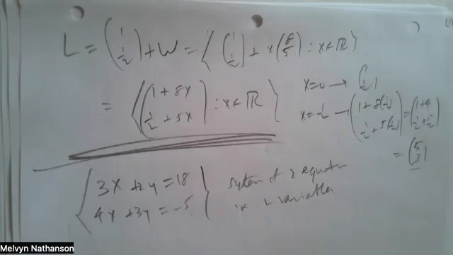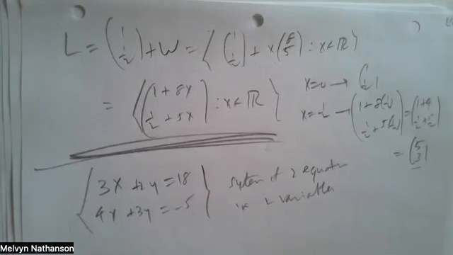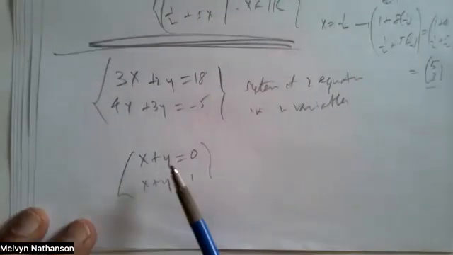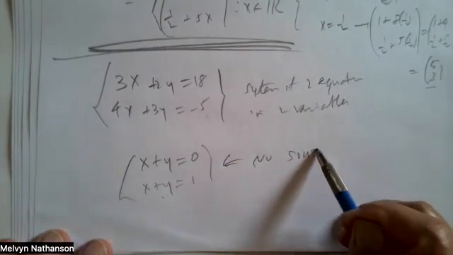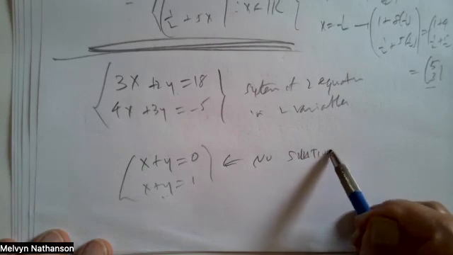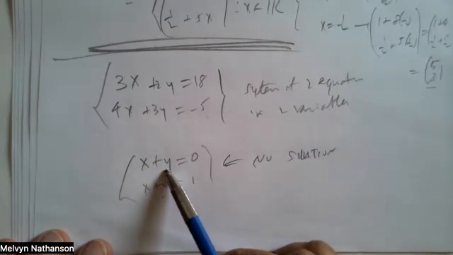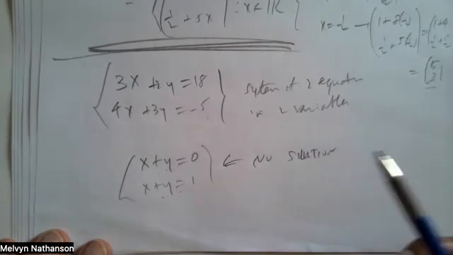And we want to solve that. Or sometimes there's no solution. I mean, if you had an equation like x plus y equals 0 and x plus y equals 1, this is another system of two equations and two variables, but this has no solution, right? Because you can't have x plus y equal to 0 and 1 at the same time.